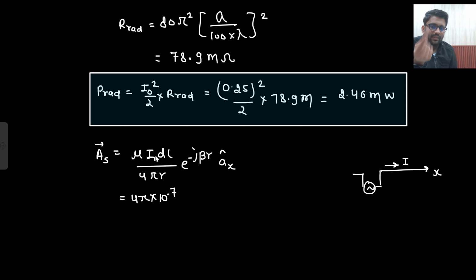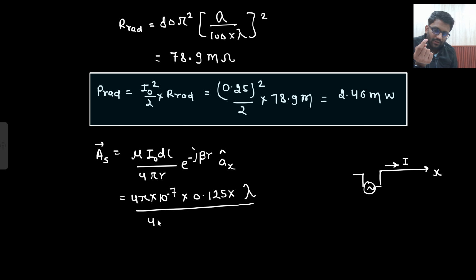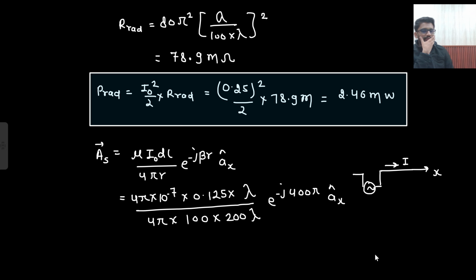And here it's not I, it's I naught. So 0.125 into lambda by 100. dl is lambda by 100. This is also 4 pi lambda by 100, and this is 200 lambda e to the power minus j, this is 400 pi and ax cap. Is that clear to you? So no need to write down the phasor form.